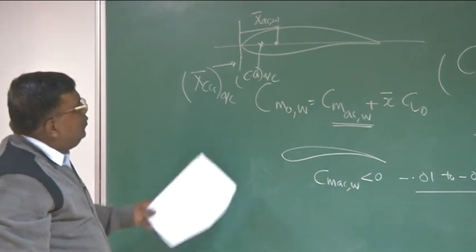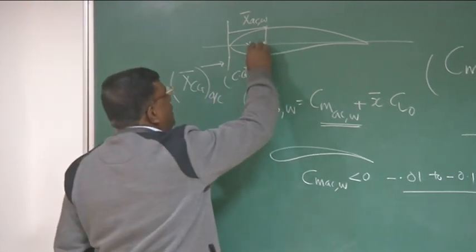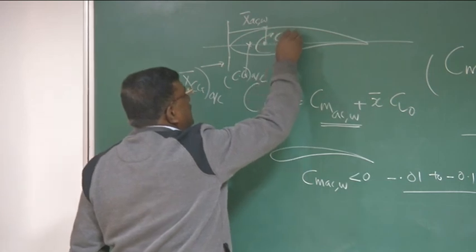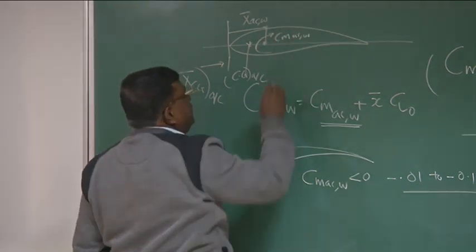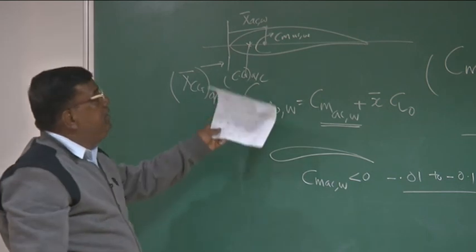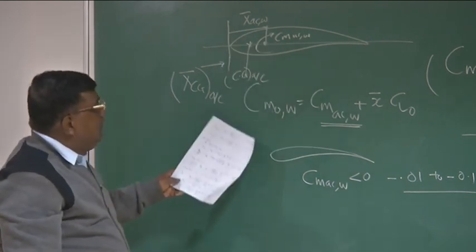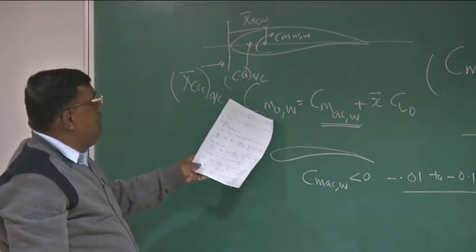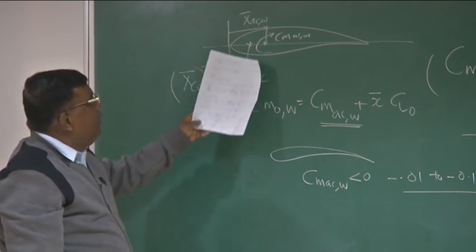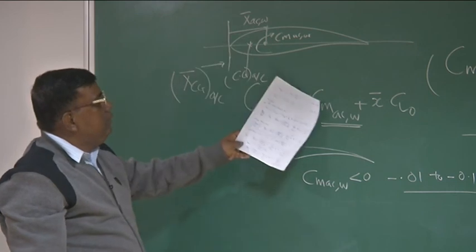So now we know that this cambered aerofoil will have Cm AC wing, which is negative, though by sign convention, this is the conventional sign for positive. So what is happening? Cm0 wing, this is about CG actually, right? That will be what? You have to transfer Cm AC wing here, so it is here.